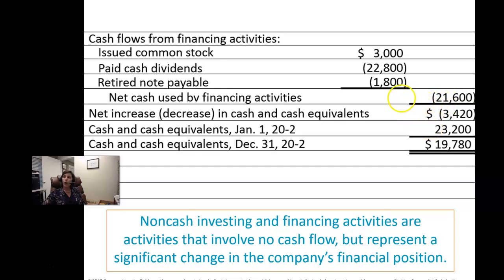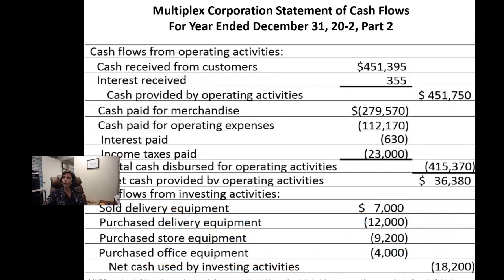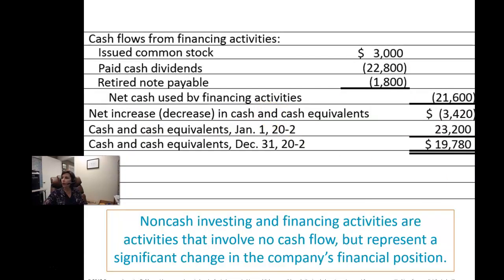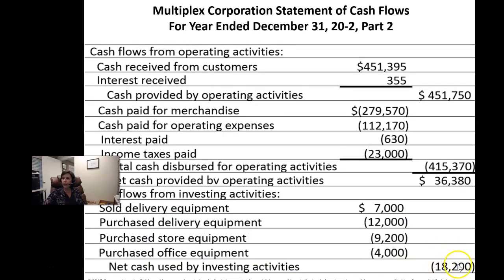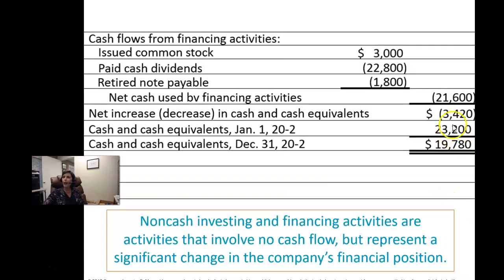And what you see here, this negative 3,420, is our net increase or decrease in cash, and where that comes from is we sum up cash used by financing here, and then investing here, and then operations here.